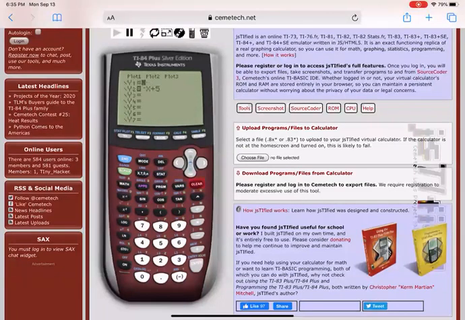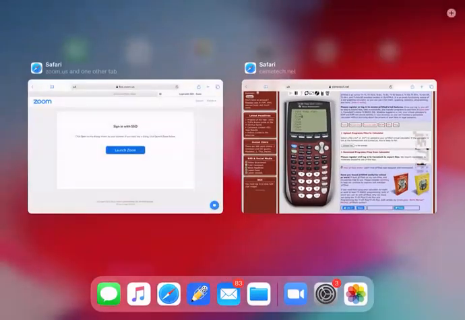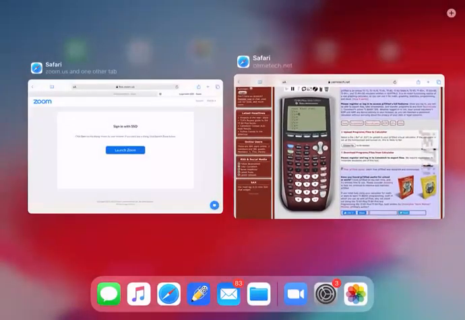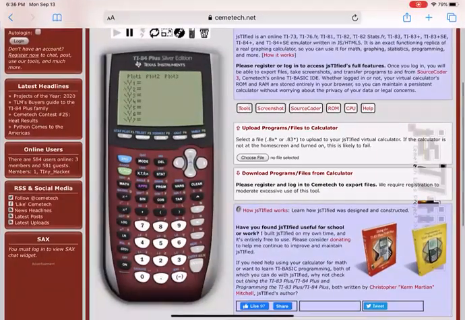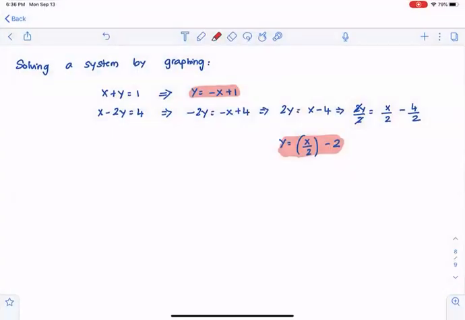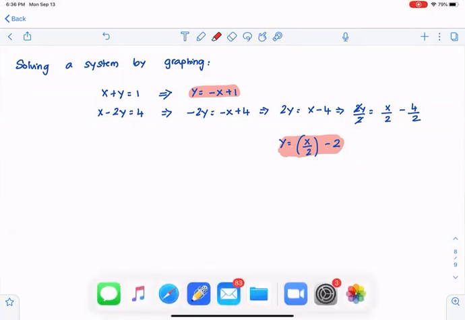So we are going to type in the two equations that we rewrote using the original system. The first one is y equals minus x plus half. The second is y equals x over 2 minus 2.